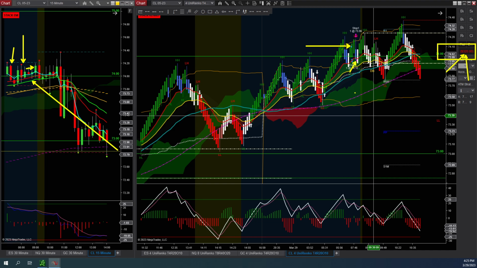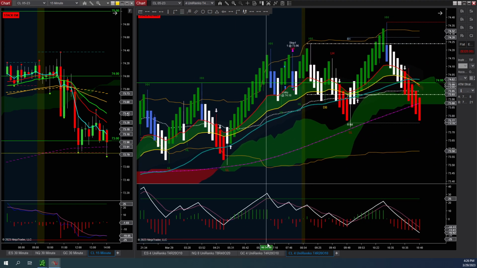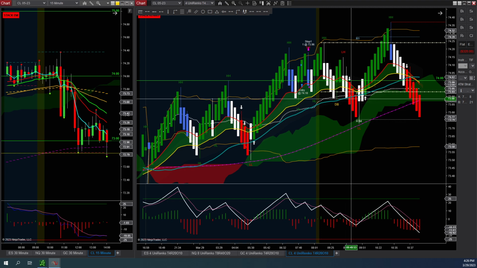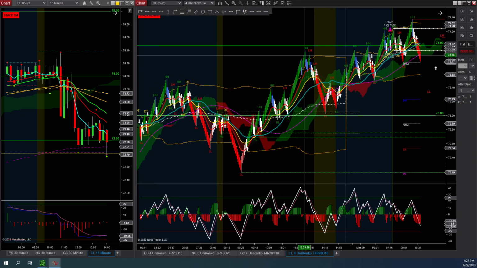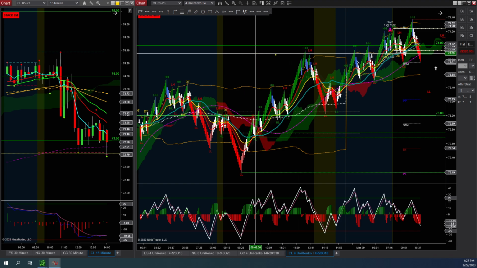So a couple of things to point out in here, and let me expand it so you can see it better. First of all, the previous high is marked here. Actually, you can see it right there from the previous day. Let me mark it right there, so you see that the previous high was at that level.